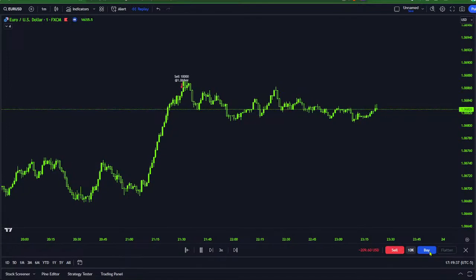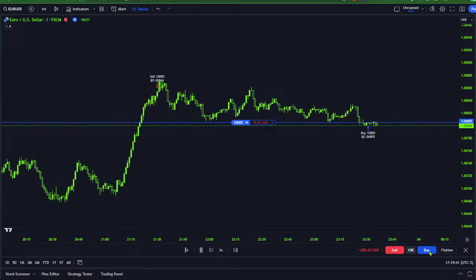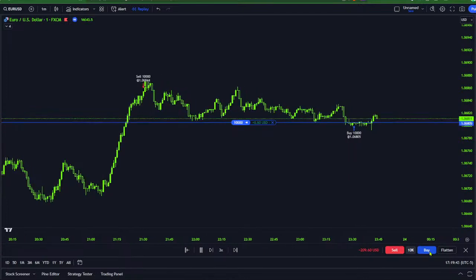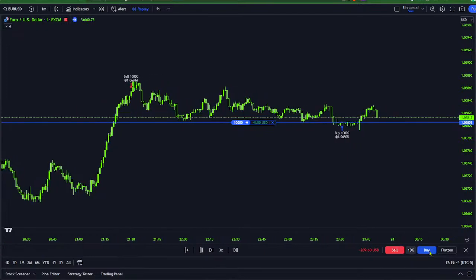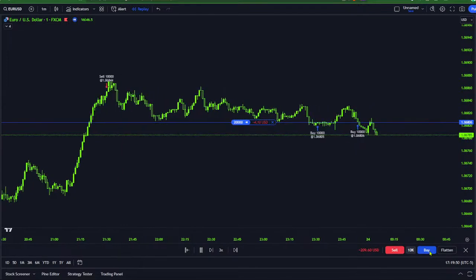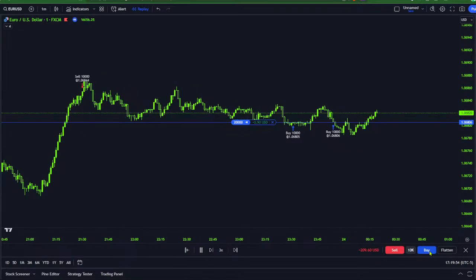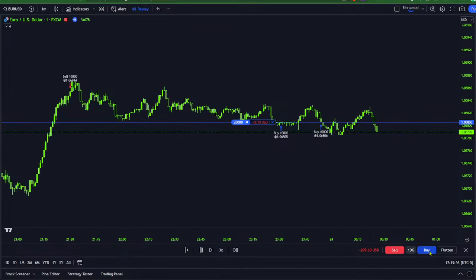We got Frankfurt opening up soon. And buy. I'm just gonna buy. Comes down lower, I'll buy again. Buy. I think I'll just hold for now and buy.